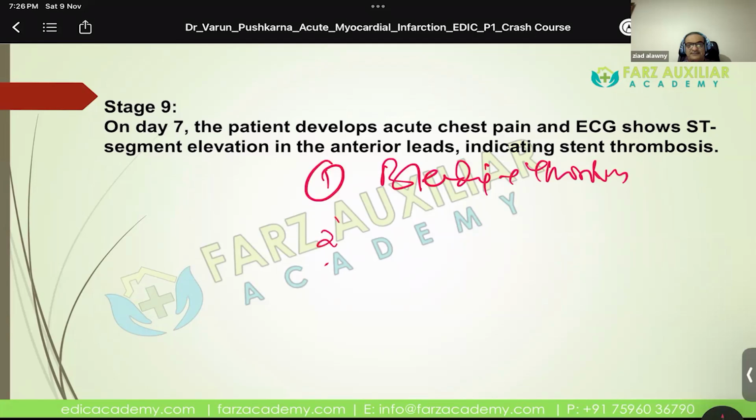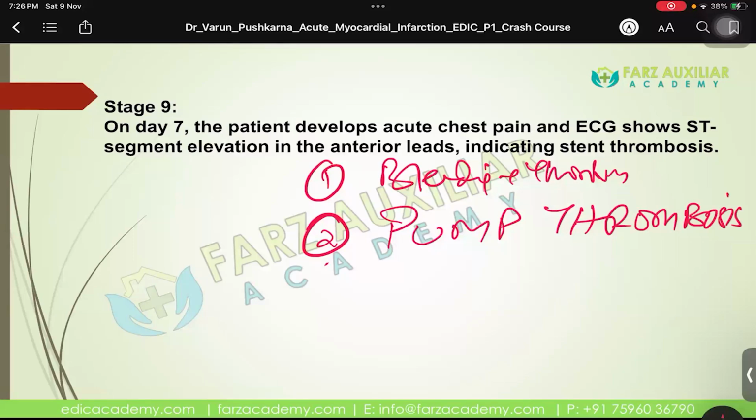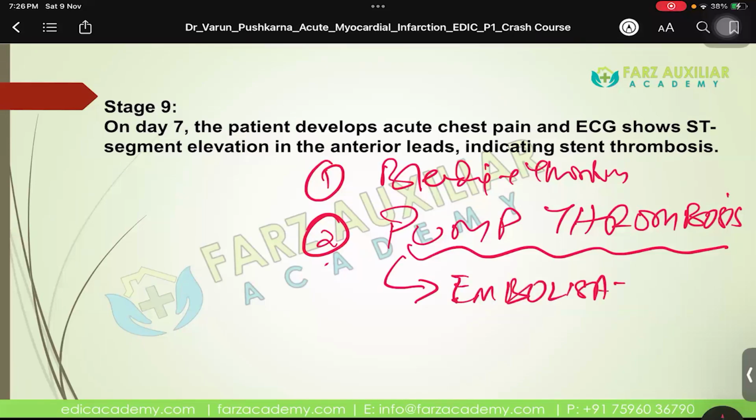And then the right ventricle. Okay, so we have a pump now in the site. So pump thrombosis is another thing. If the patient is not on adequate anticoagulation, pump thrombosis and pump embolization. Sometimes pump parts can embolize, leading to stroke, leading to acute renal shutdown.